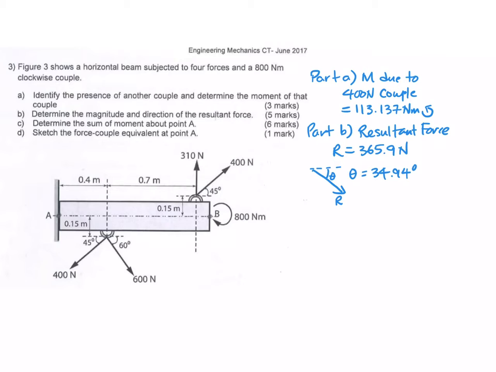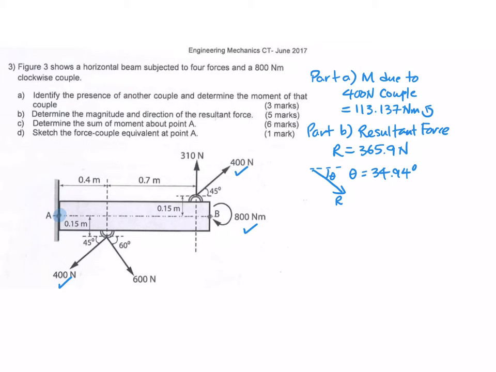Sum of moment about point A, that means at this point. So to do that, we look at all the forces that are acting around point A and determine the total moment. Now we have already taken care of the moment due to the couple, and there is one moment here.